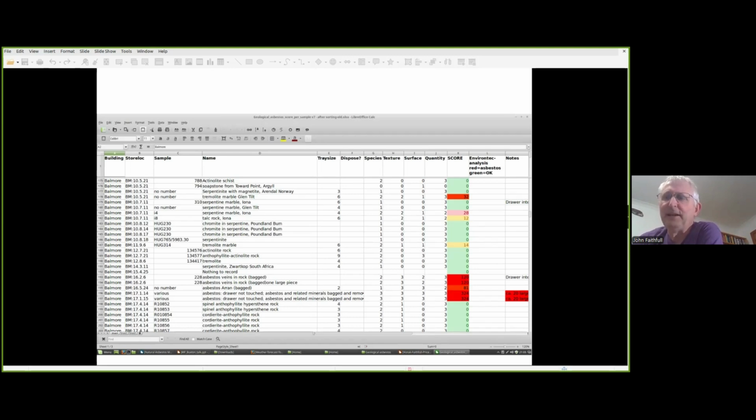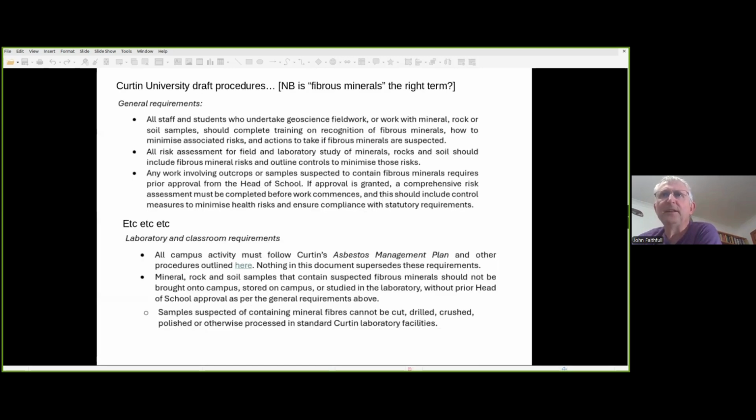And it seems to me fundamentally that kind of approach is something which everyone should be doing. You need to have risk assessment built into lots of things you do in life, and training people to think about it as a potential issue which they might need to think about is important. Curtin University have come up with some draft procedures. These just define fibrous minerals as a thing.